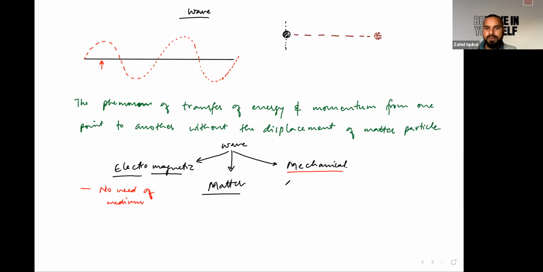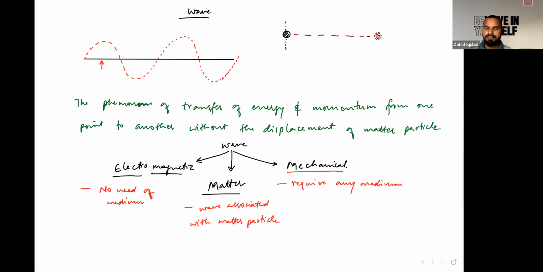Mechanical wave, a wave which requires any medium for its propagation. And third, matter wave, wave associated with matter particle, that is electron, proton, neutron, positron, alpha particle.